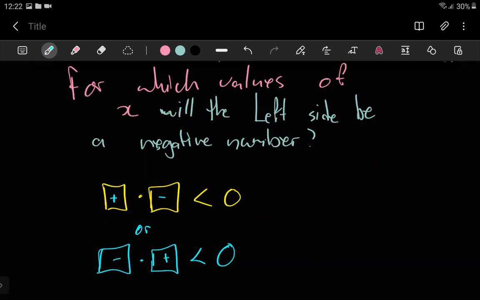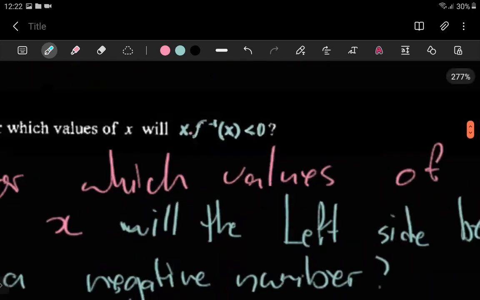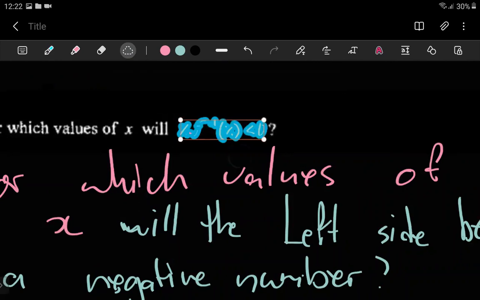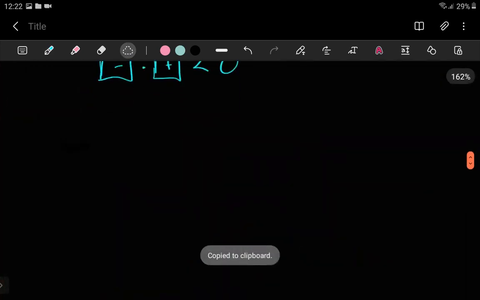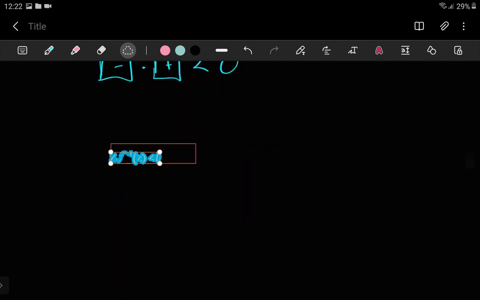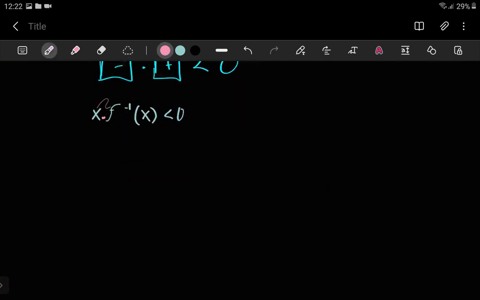Perfect. So as long as you can remember that, the next thing is being able to judge what these expressions are talking about. If you look at it nicely, x is just referring to x values, and this is referring to y values of the inverse. Here, this is x values along the x axis.